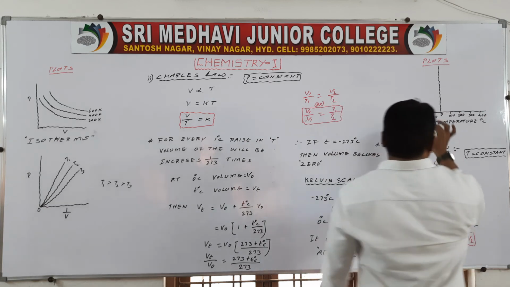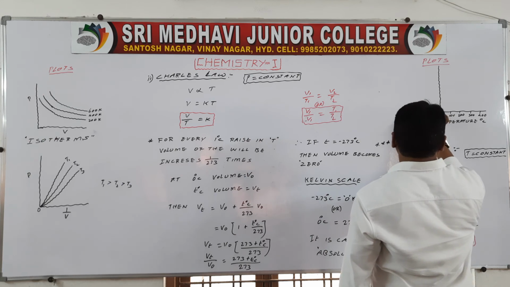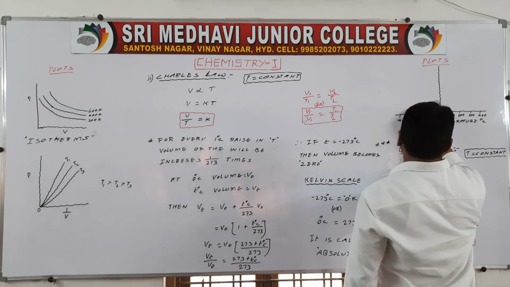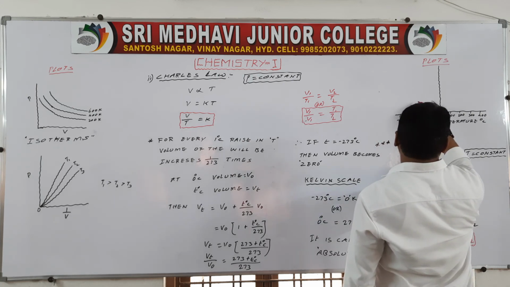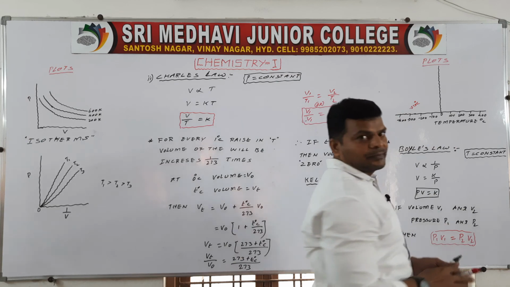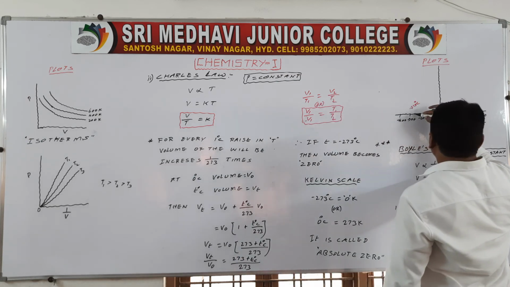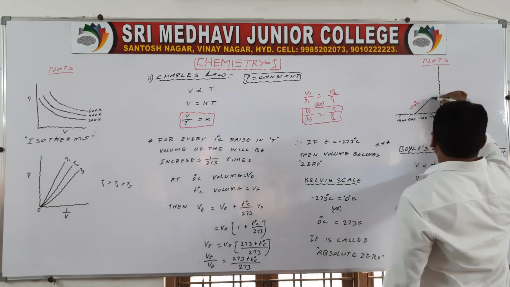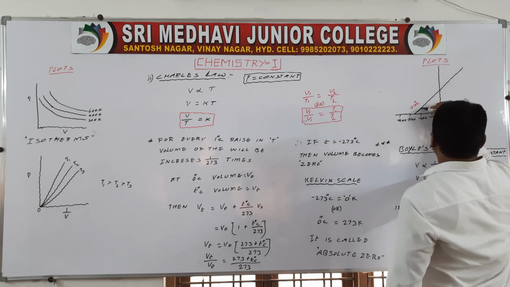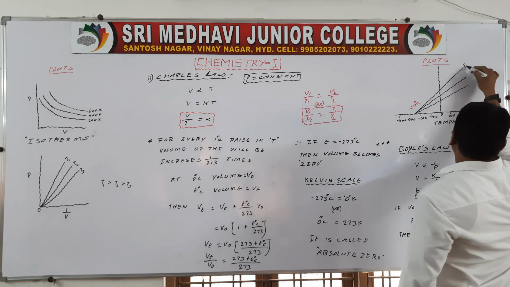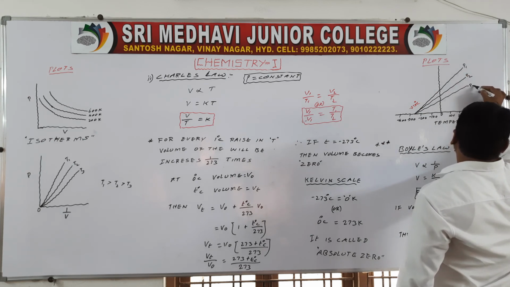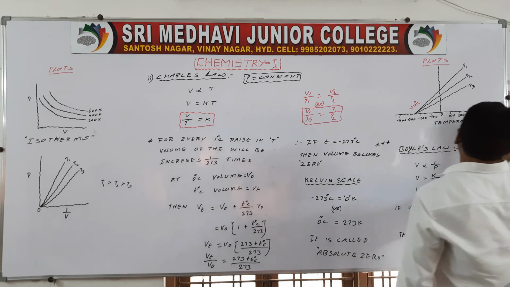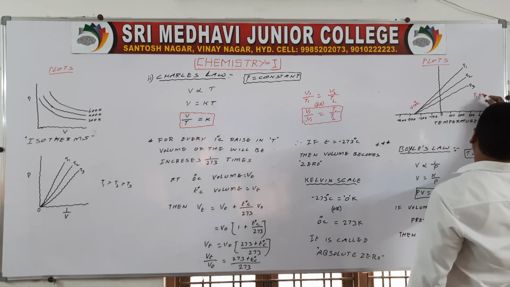This particular point is minus 273 degrees Celsius. Here we have P1, P2, P3, where P1 is less than P2 is less than P3.